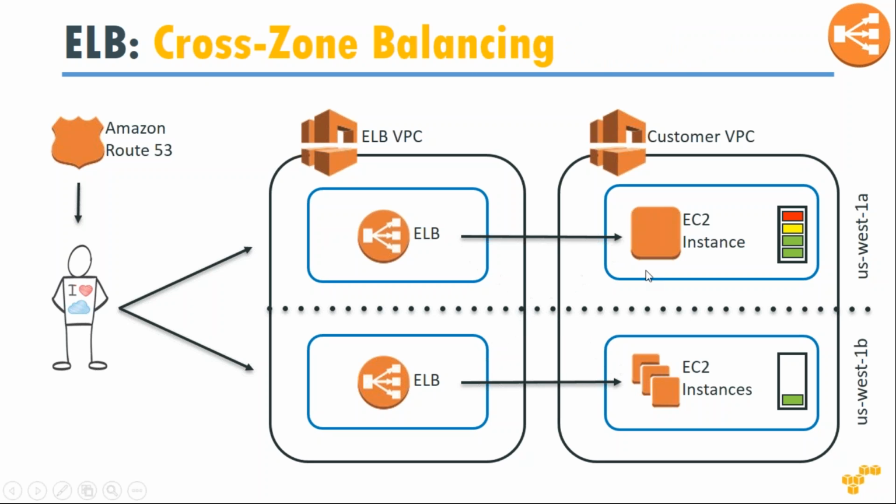If you don't do that, you will have a scenario like this, and when you enable cross-zone load balancing, your traffic is rebalanced across all your instances. So even if you have a bigger performing instance on one availability zone and multiple smaller instances on another one, you can still load balance them appropriately.